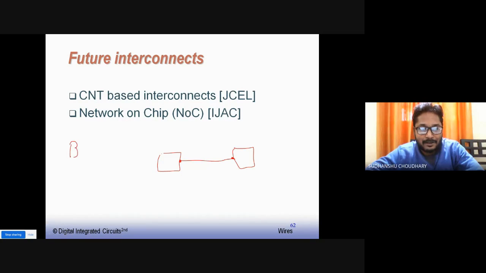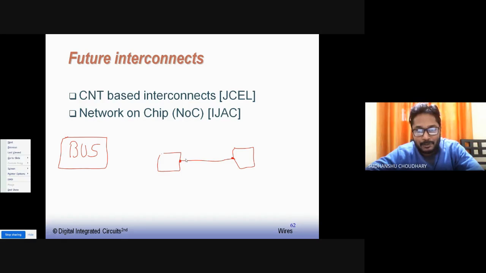So apart from point-to-point interconnects, you have bus-based interconnects, where you have maybe 4 or 5 lines which you call a bus, and those 4 or 5 lines can drive, let's say, 20 or 30 signals, right? So point-to-point and then bus-based.